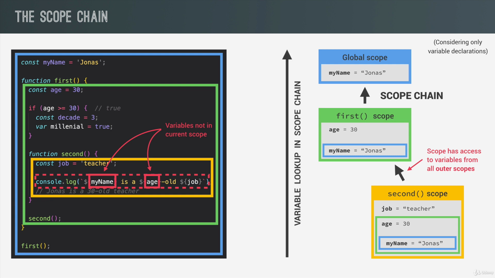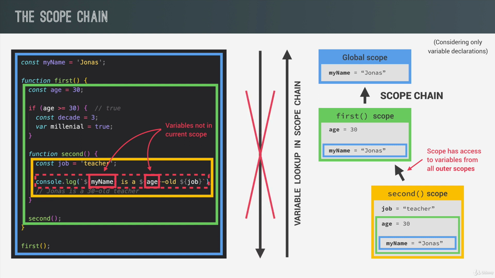Now it's important to note that these variables are not copied from one scope to another, okay? Instead, scopes simply look up in the scope chain until they find the variable that they need, and then they use it.